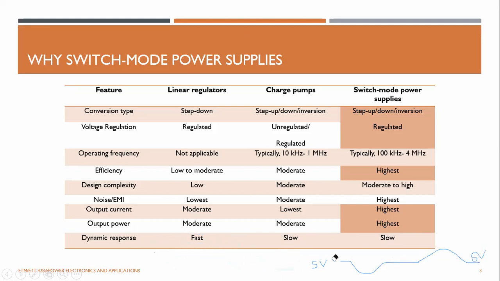Sometimes in power electronics design, if you need more dynamic response, you can have this high efficiency buck converter, and you can add a linear regulator LDO just after the buck converter.